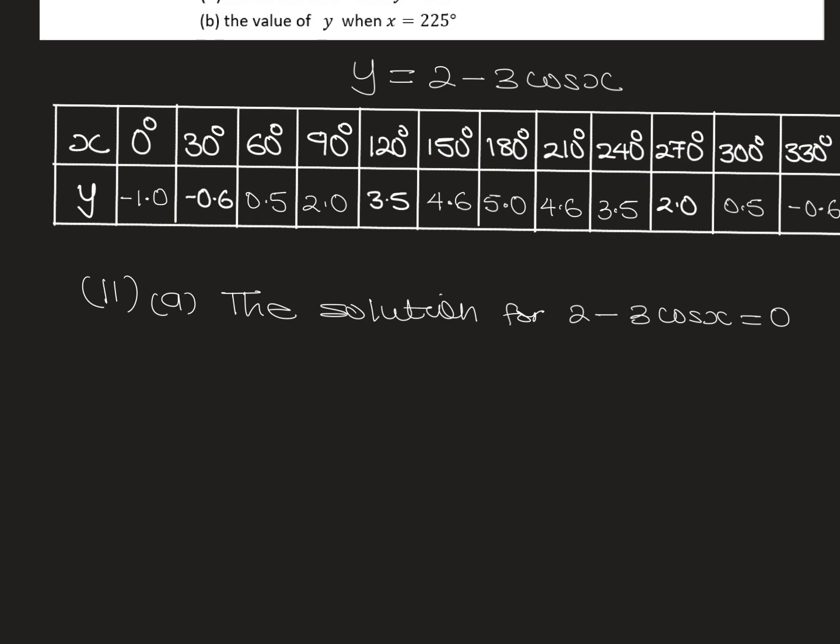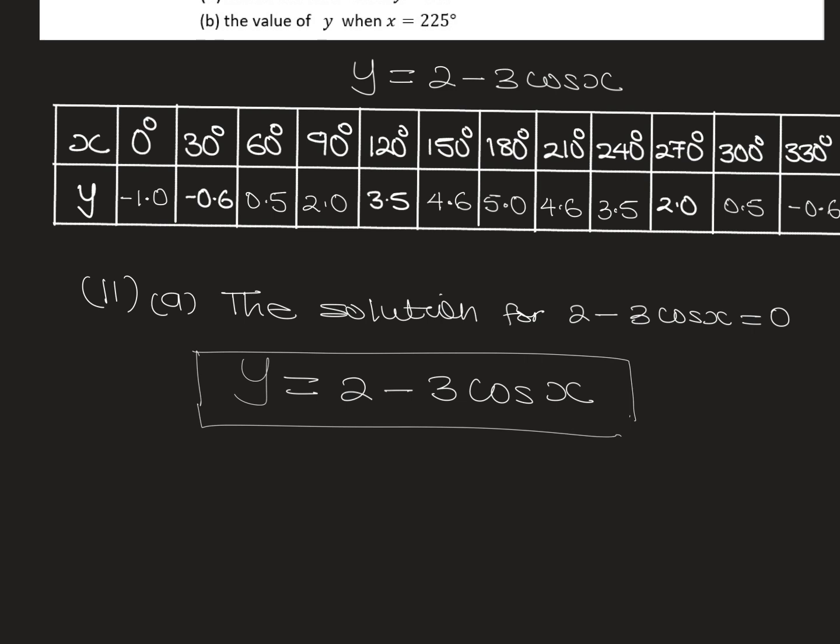And the main equation that is given in the question is y is equal to 2 minus 3 cos x. So this is the main equation. So I should compare it with the equation that is in the question. The equation that is in the question is 2 minus 3 cos x is equal to 0.